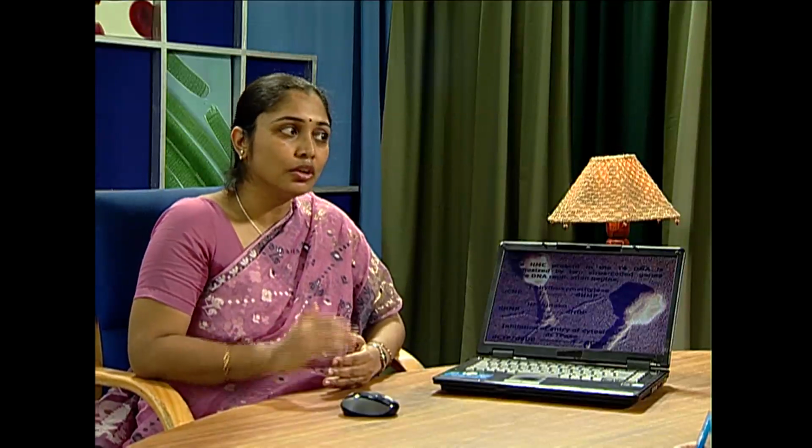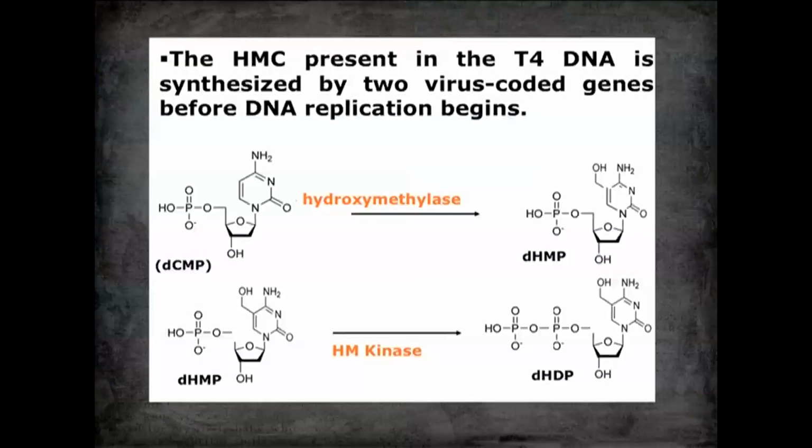And as I told you before, the T4 genome carries hydroxymethyl cytosine, not cytosine. Okay. So, hydroxymethyl cytosine must be produced from dCMP or deoxycytosine monophosphate. Two viral enzymes convert dCMP to dHMP or dHDP.